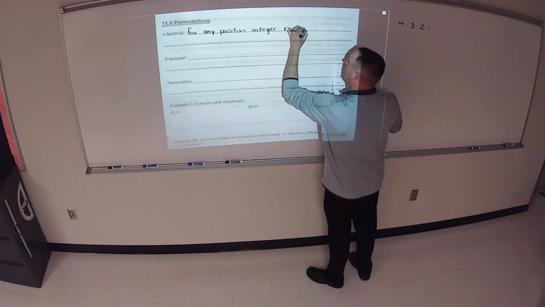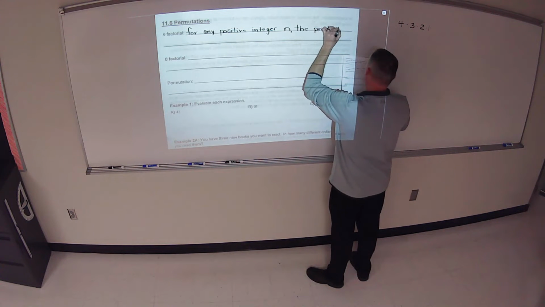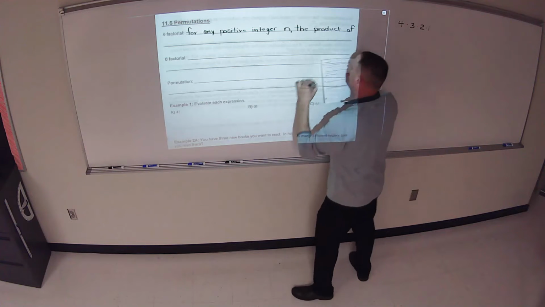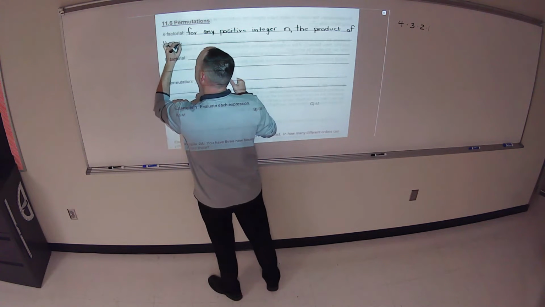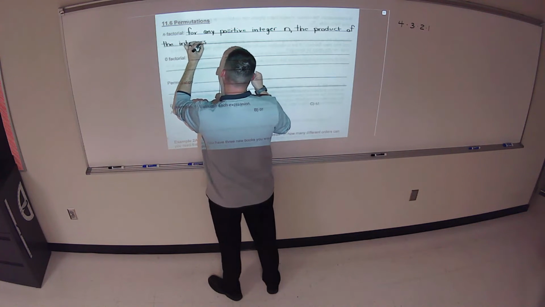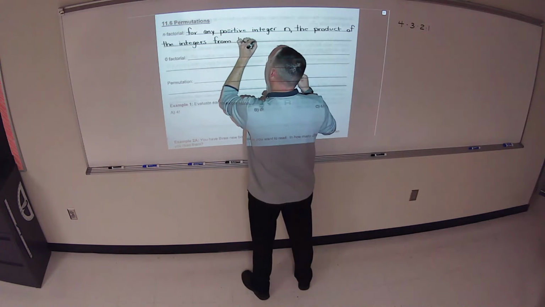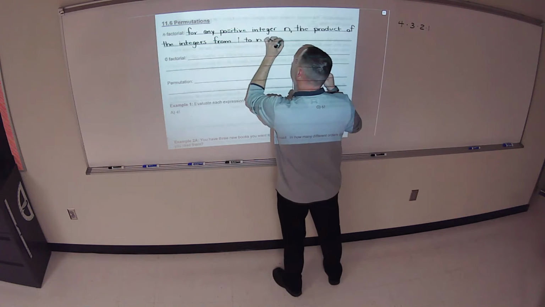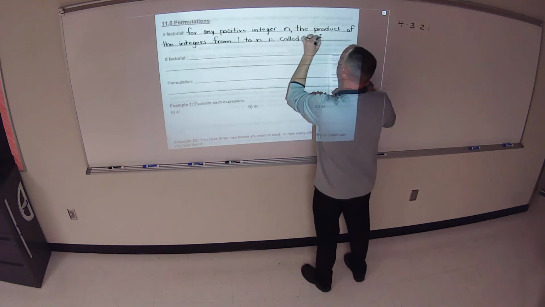The product of the integers from 1 to n is called n factorial.